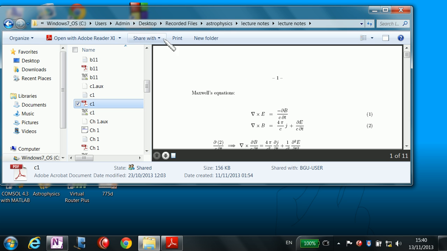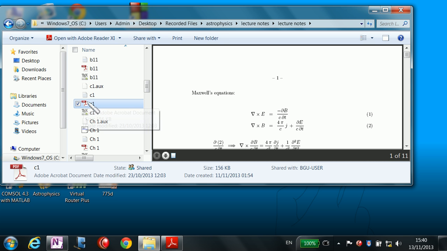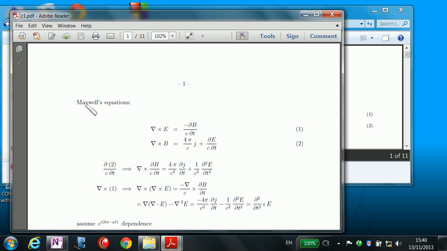Never mind, I just want to copy it. How do I copy it? You have to click this C1, then the PDF will come. No, this is the preview of that. You just double click on that.